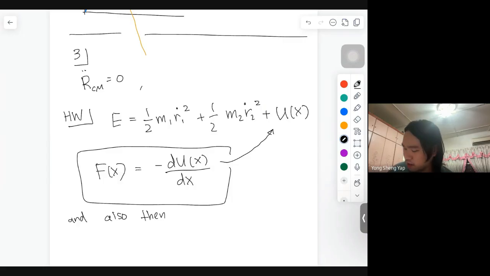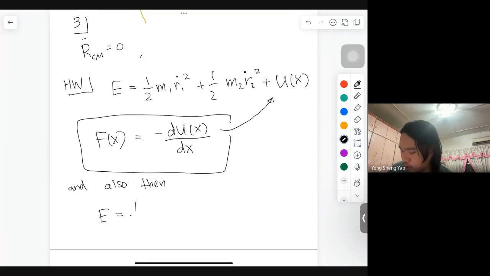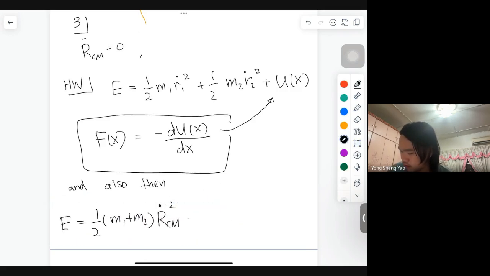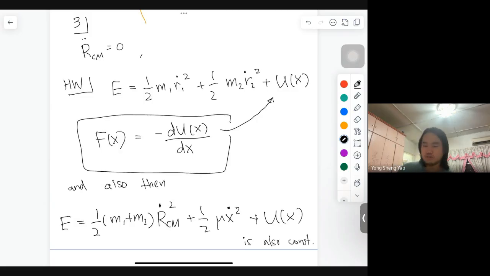And also, you can always translate this into the system in terms of the reduced mass, where the total mass has a kinetic energy like this, and the reduced mass, sorry, U of x. Then this is also constant. Okay, try to prove this.